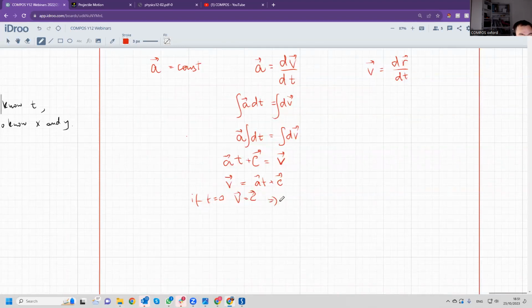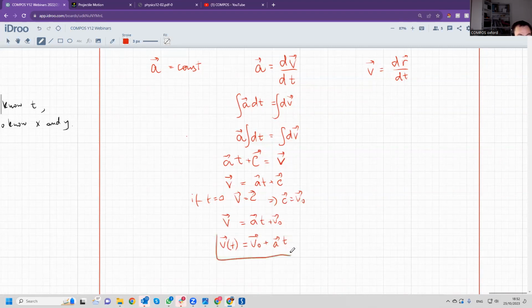Therefore, c is the initial velocity. So we have v equal to at plus v0. We can rewrite this as v as a function of t is equal to v0 plus at.